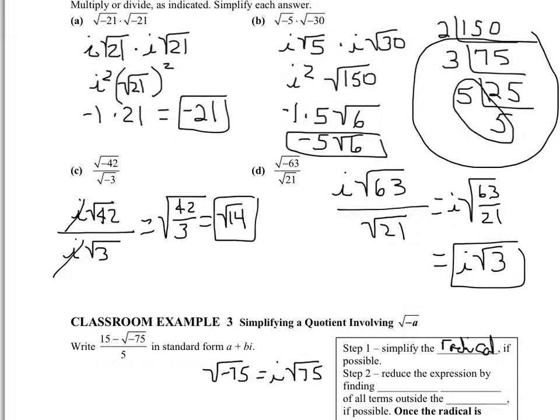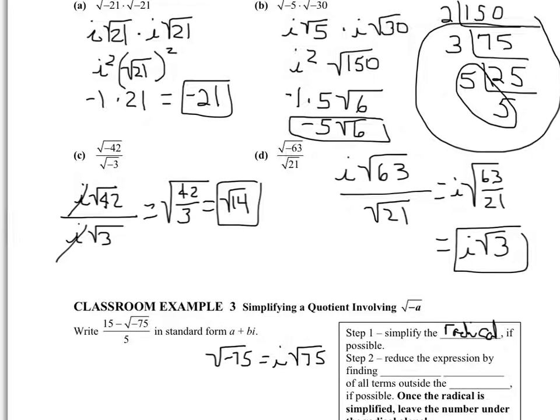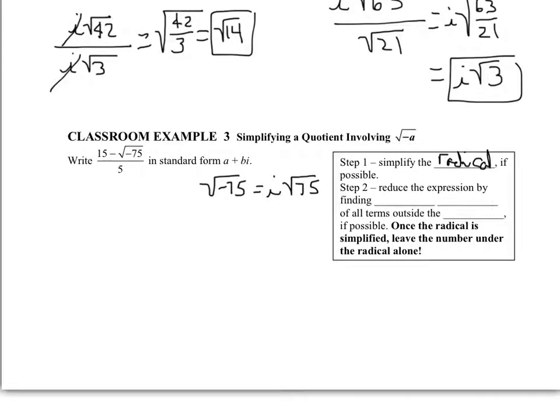Notice when we simplified the square root of 150, we got to the point where 75 showed up. 3 times 5 times 5 is the factorization for 75. So if we want to take the square root of 75, then we have that 5 that will come outside with the i and the 3 that's going to stay behind.